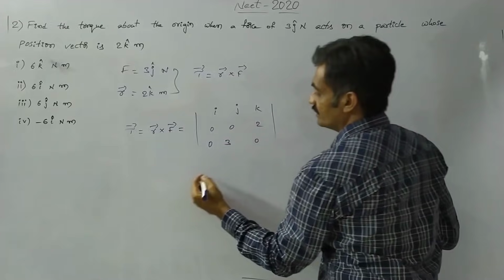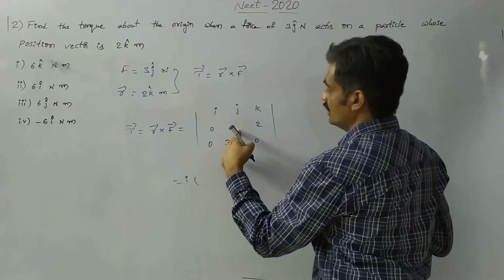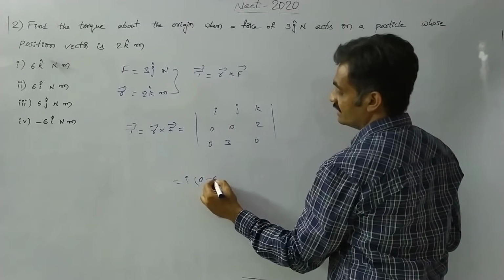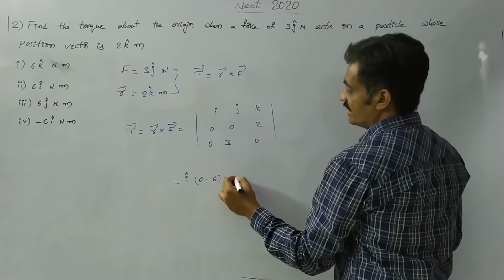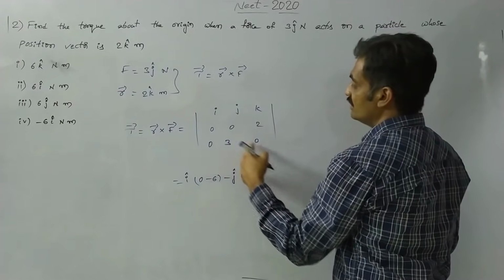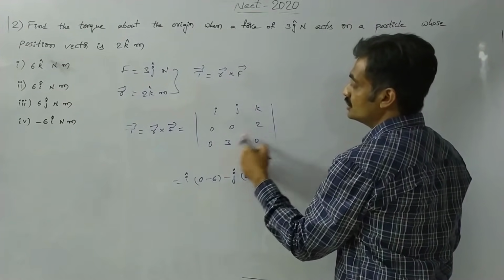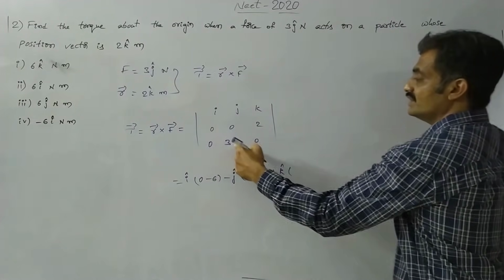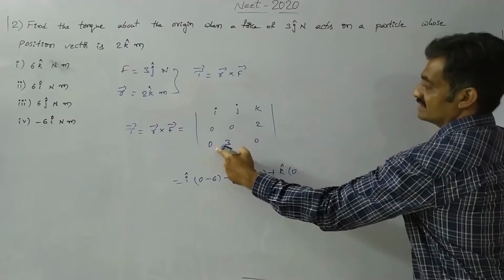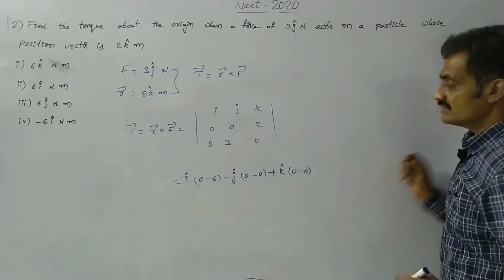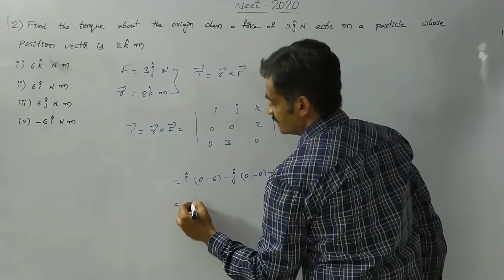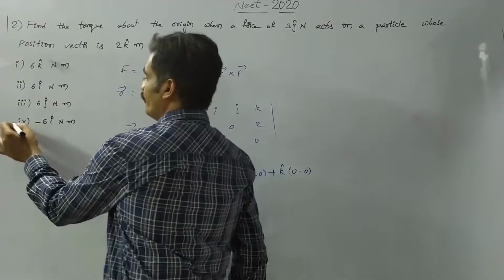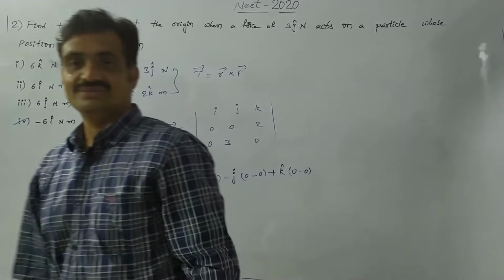From that we have i cap into (0 into 0, 0, minus 3 into 2, 6), minus j cap into (0 into 0, 0, minus 2 into 0, 0), plus k cap into (0 into 3, 0, minus 0 into 0, 0). So the answer is minus 6 i cap. The option will be 4. Take a screenshot, we will continue.